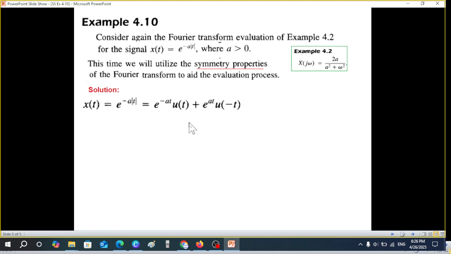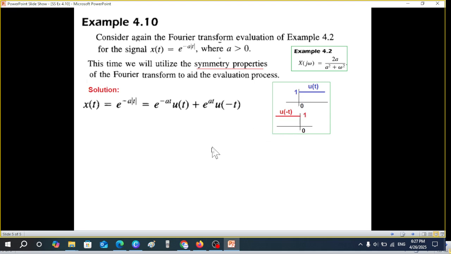Okay, so e^(-a|t|) we have broken down into two parts when t is positive and t is negative. And you can see u(t) and u(minus t). And I hope you recall that u(t) is for 0 to the positive side, and from 0 to the negative side, it is written as u(minus t).